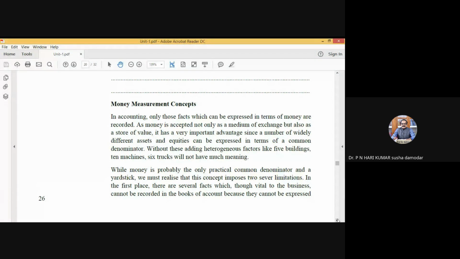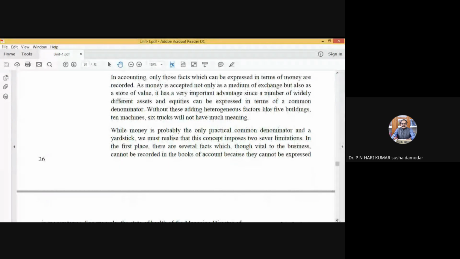So there is a cash inflow, there is a cash outflow. There is income generated, revenue generated, expenditure incurred. So accounting mainly concentrates on money transactions, money measurement. This is the second concept of accounting.